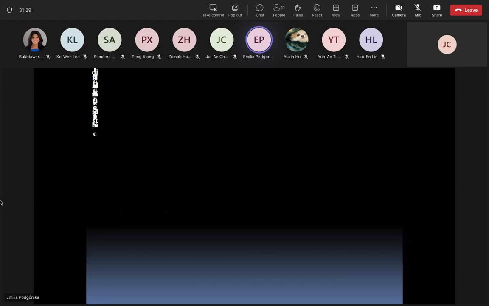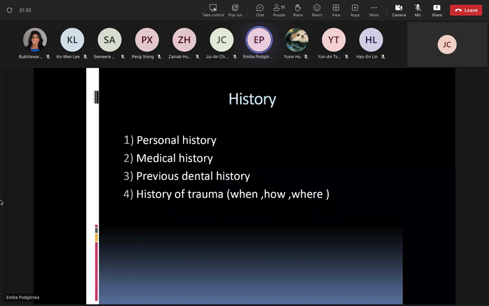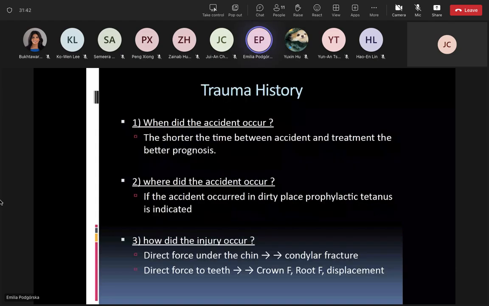We have to know about the history: personal history, medical history, previous dental history, history of trauma: when, how, where. When did the accident occur? The shorter the time between accident and treatment, the better the prognosis.